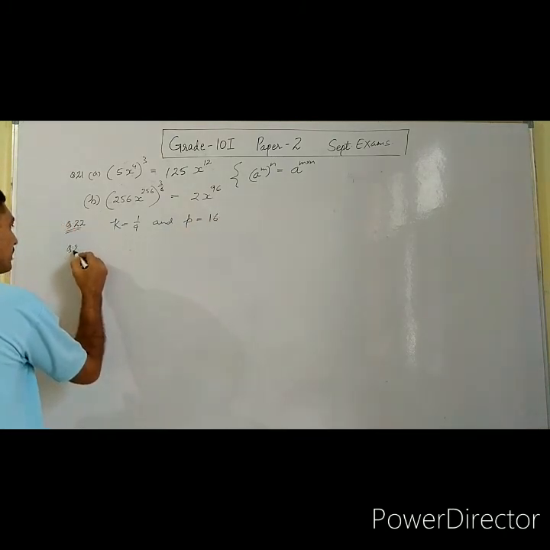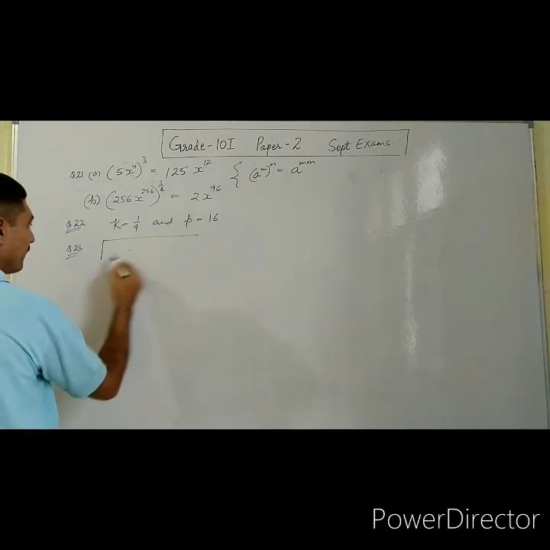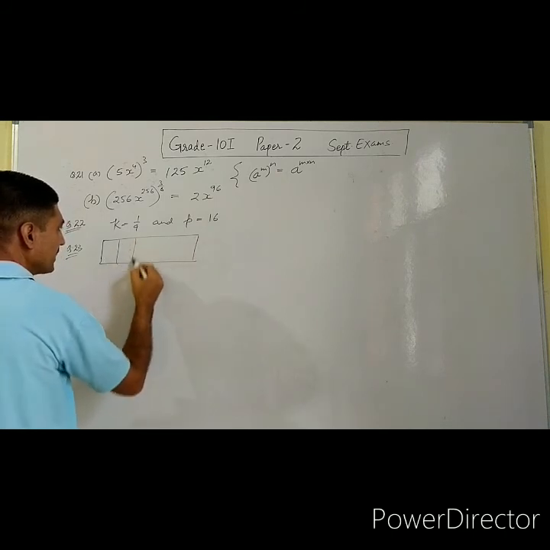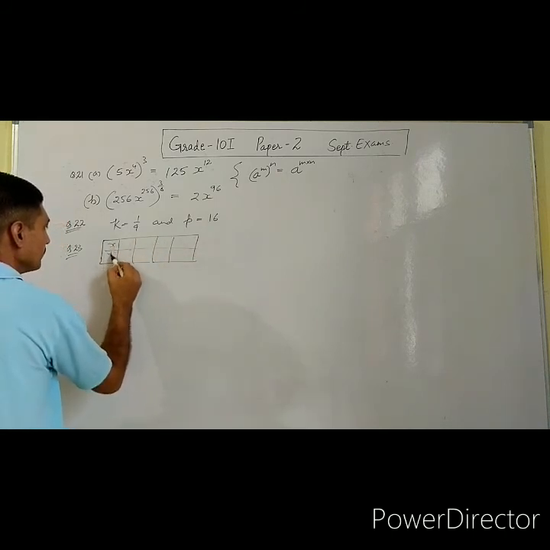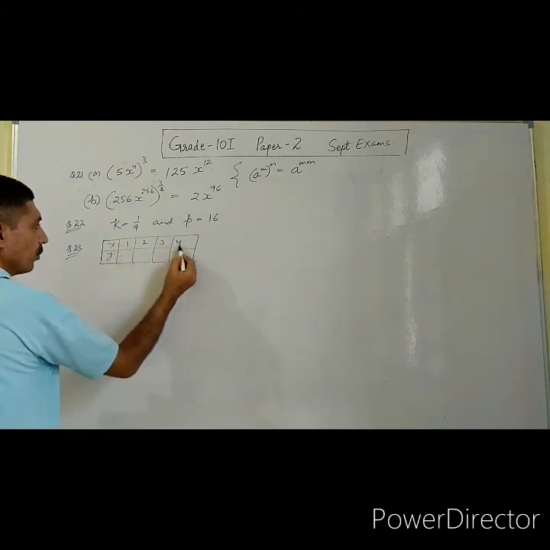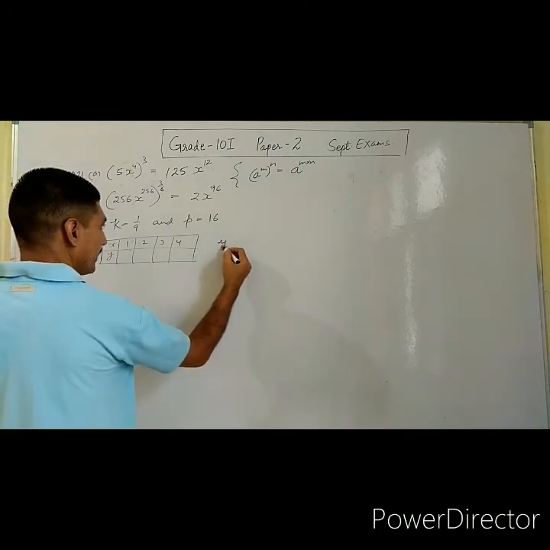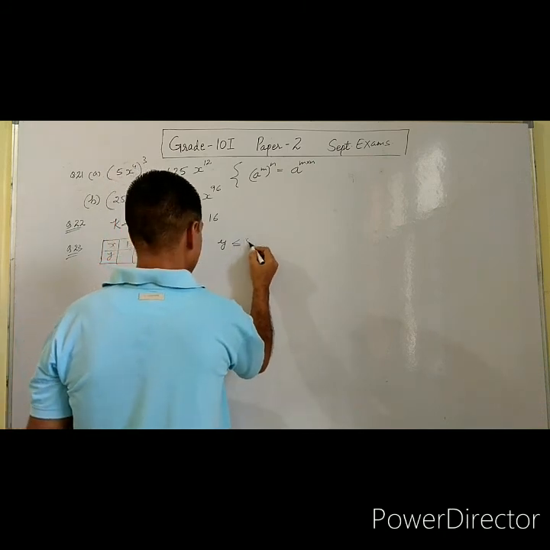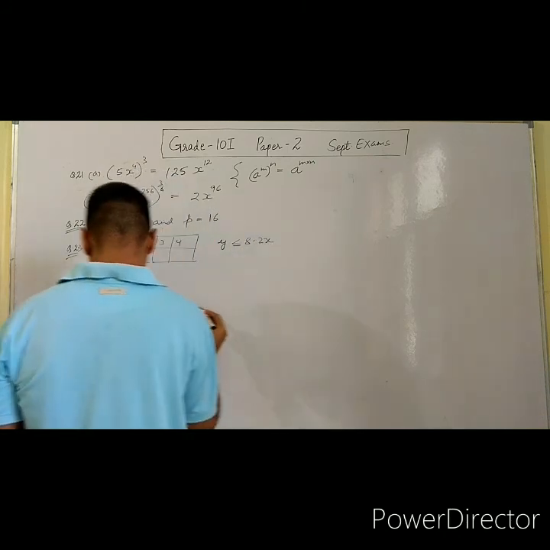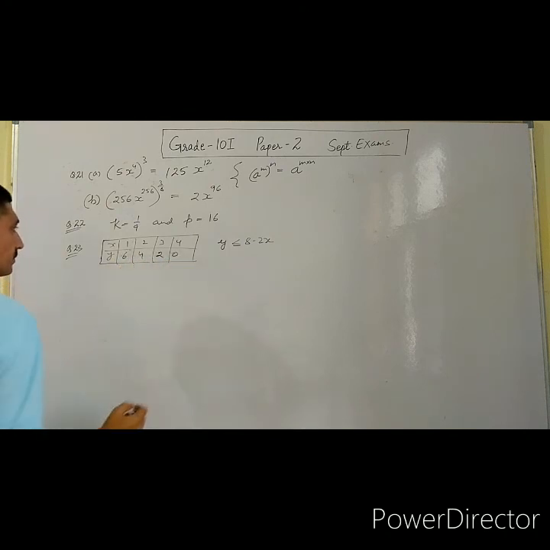And in question number 23, here we have the table in which we have to find the points. So here the value of x and y, they are the different values. For x 1, 2, 3, 4, the respective value of y, and here the equation, that is y is less than or equal to 8 minus 2x, and when we plot, we got the values 6, 4, 2 and 0, right?